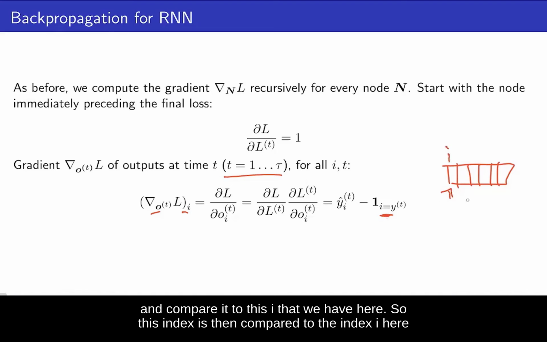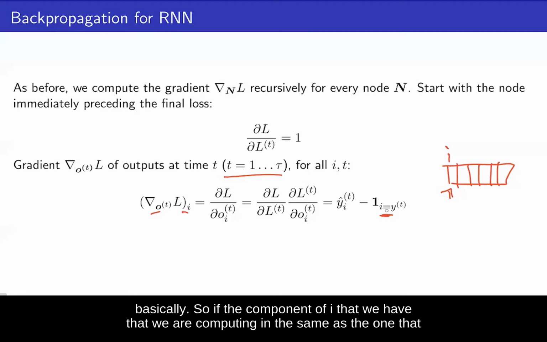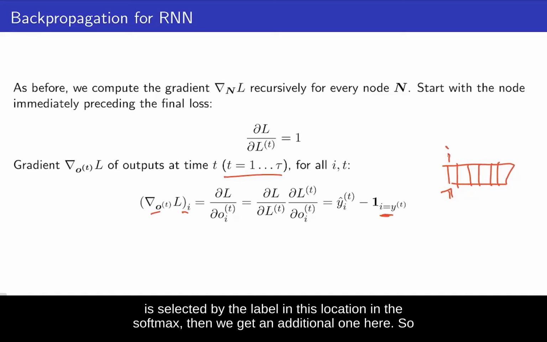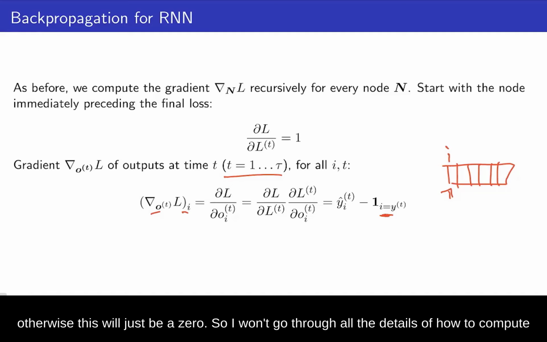So this index is compared to the index i here. So if the component i that we are computing is the same as the one that is selected by the label in this location in the softmax, then we get an additional 1 here. Otherwise this will just be a 0.